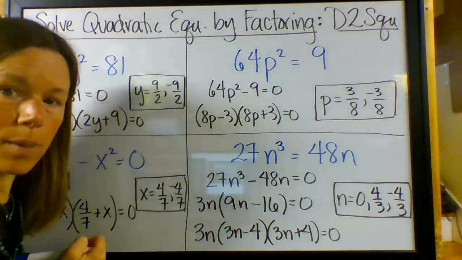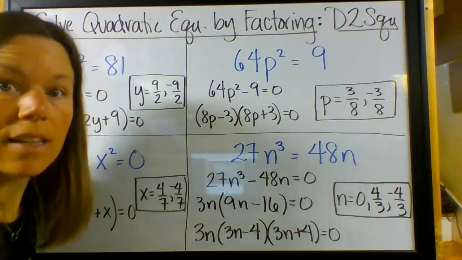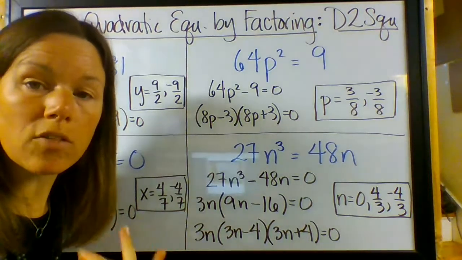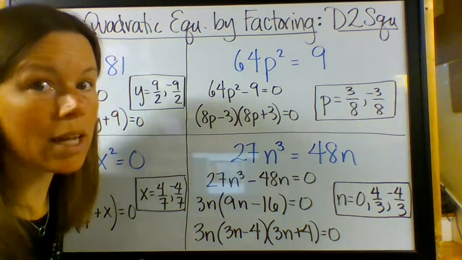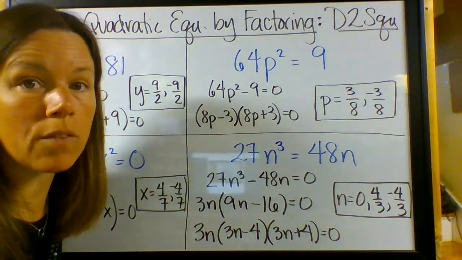The very first step of factoring that I want to follow every time, which is all the time I can, is to take out a greatest common factor if there is one. When I look at 27 and 48, I don't see perfect squares, but I do see a greatest common factor of 3.